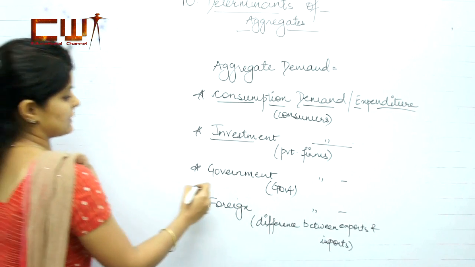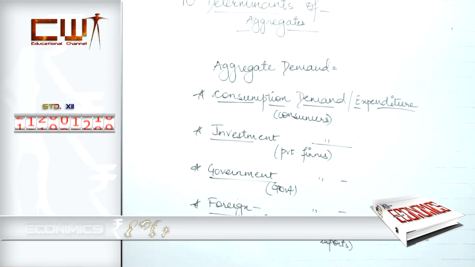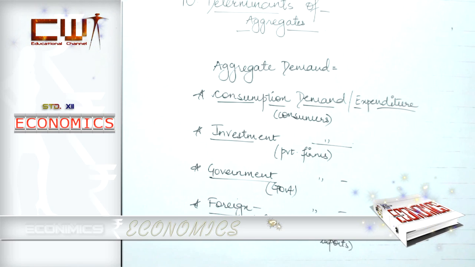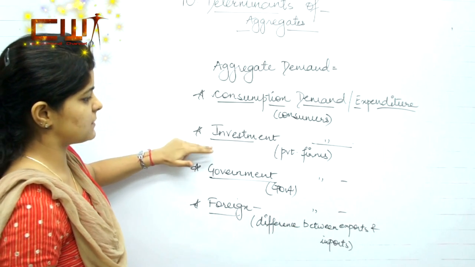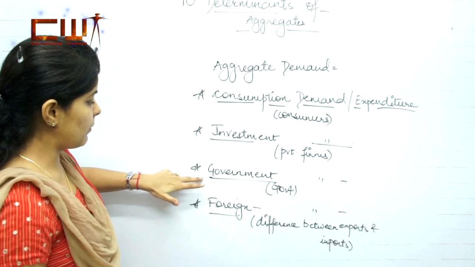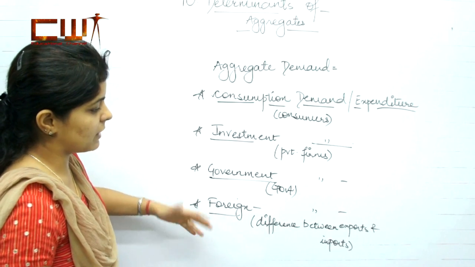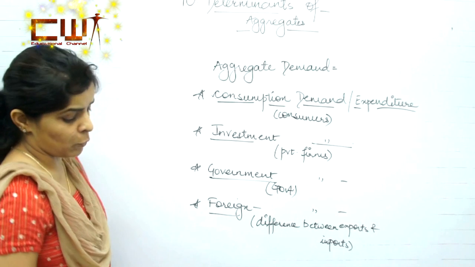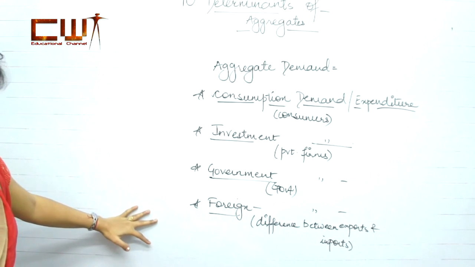So you have consumption demand, right? Now consumption demand is always made by the consumers, right? Next you have the investment demands. Who makes the investment? The private firms. The firms make the investment. Government demand, that is raised by the government themselves, and foreign demand, that is through exports and imports, right? So this is technically what aggregate demand means.